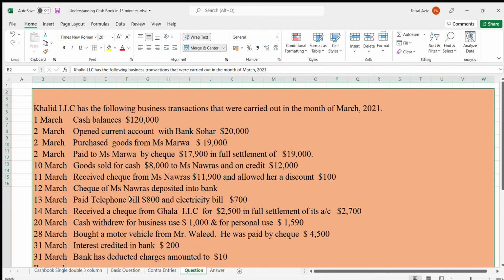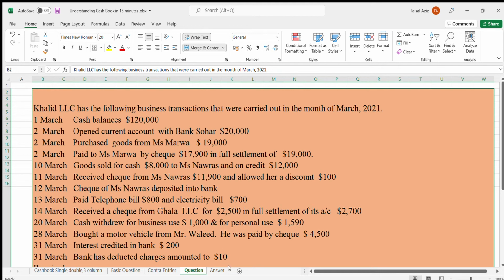This set of transactions includes all sorts of transactions, meaning cash receipts, cash payments, discount related transactions, and transactions containing bank deposits and withdrawals.